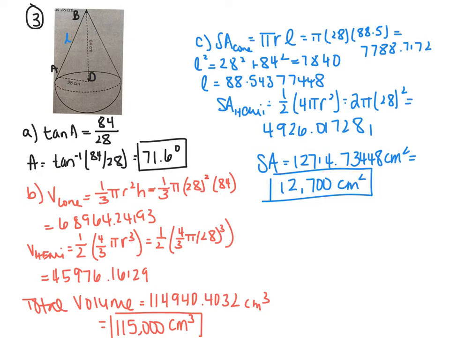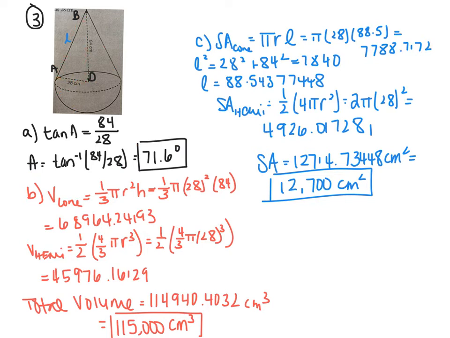Part C wants us to find the surface area. So again, I found the surface area of the cone. There's no base, so you don't have to include that. You just want to find the slant surface area, and then the surface area of half the hemisphere. So the surface area of a cone is pi r l, where L is this slant height here. So I needed to find that, so I used Pythagorean theorem to find this slant height here. So L squared is equal to 28 squared plus 84 squared.